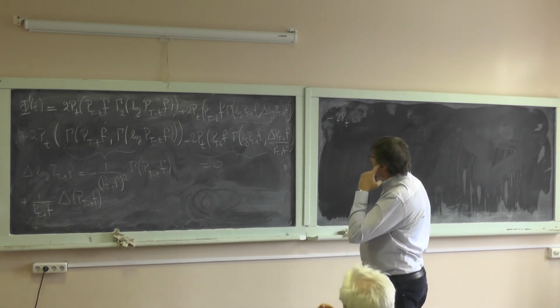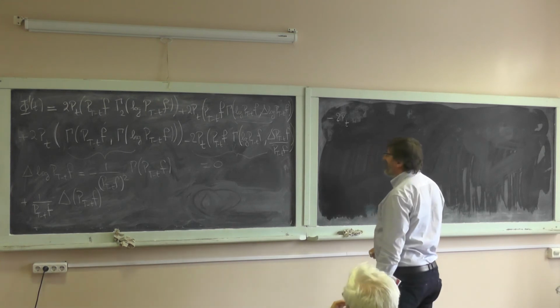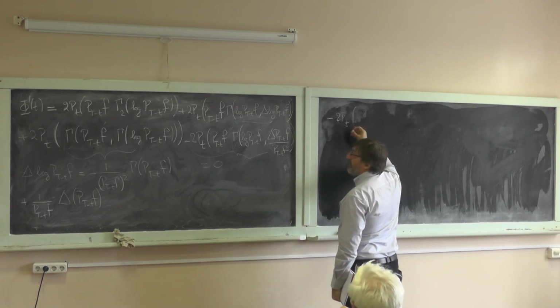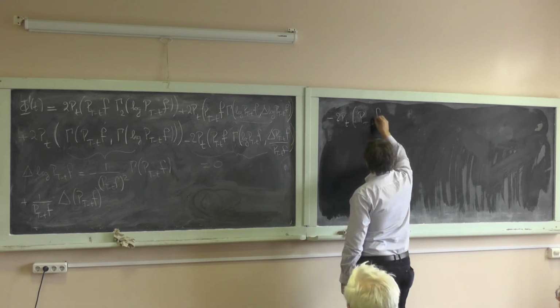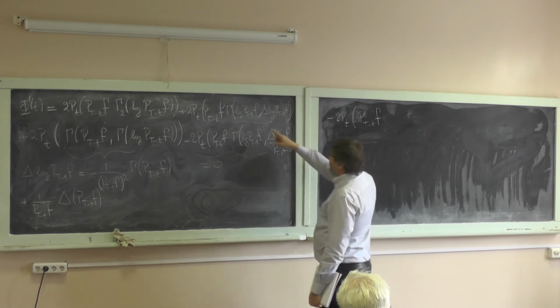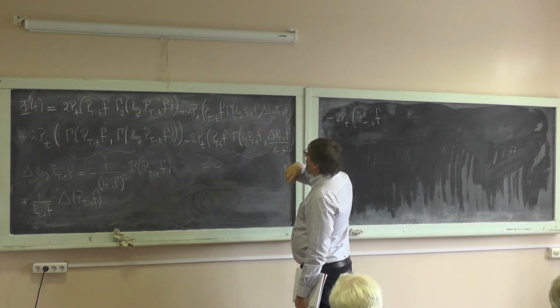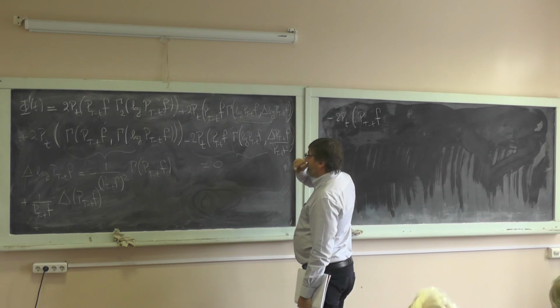So minus 2pt, then I have p minus pf here, and then I have gamma of this. Let me be a little bit careful here.